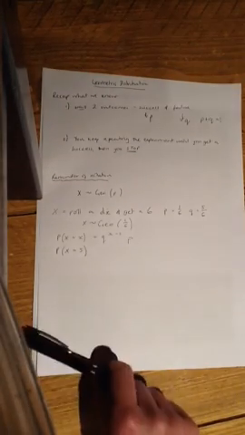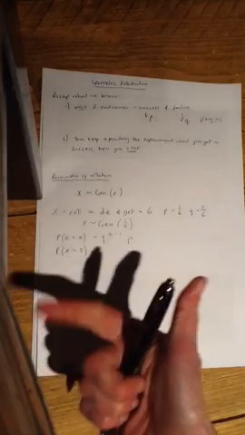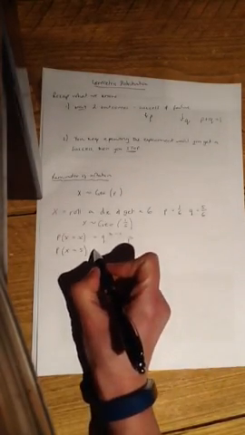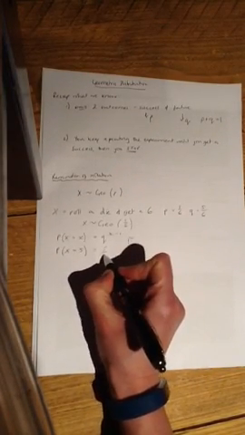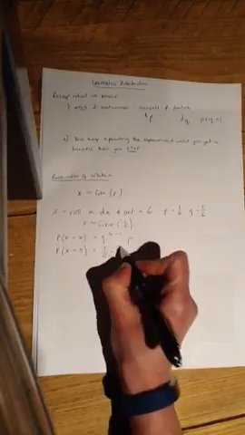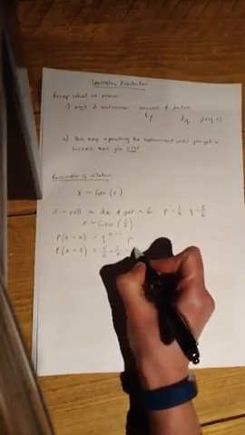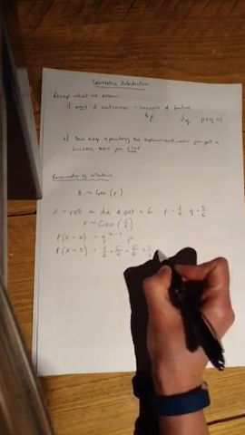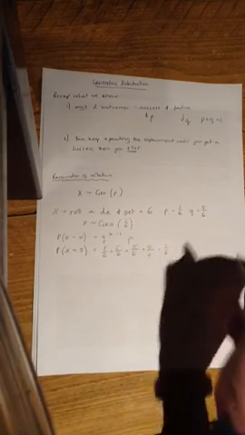So I would have had to roll failure, failure, failure, failure, and then I roll a success, i.e. I roll a 6. So failure on the first roll, failure on the second roll, failure on the third roll, failure on the 4th roll, and then success on the 5th roll.